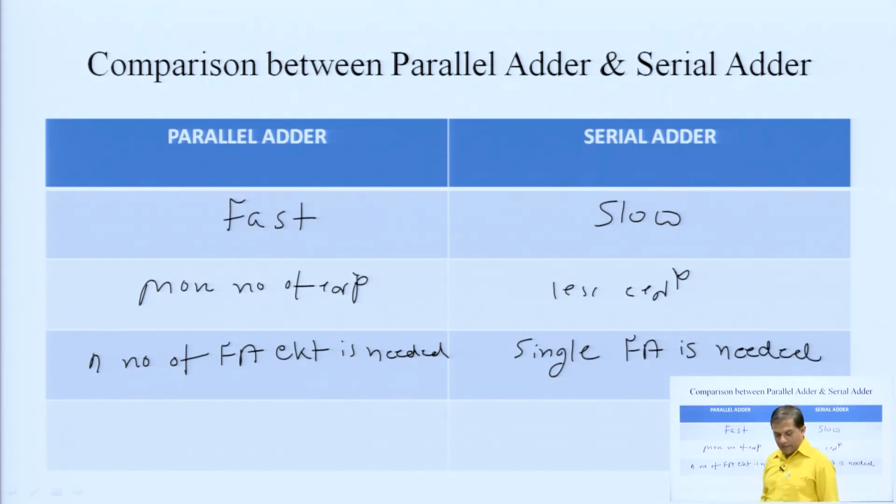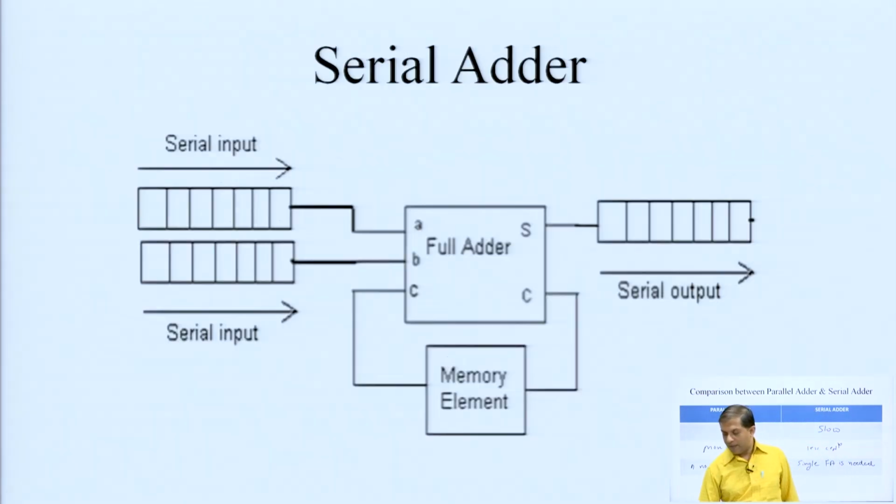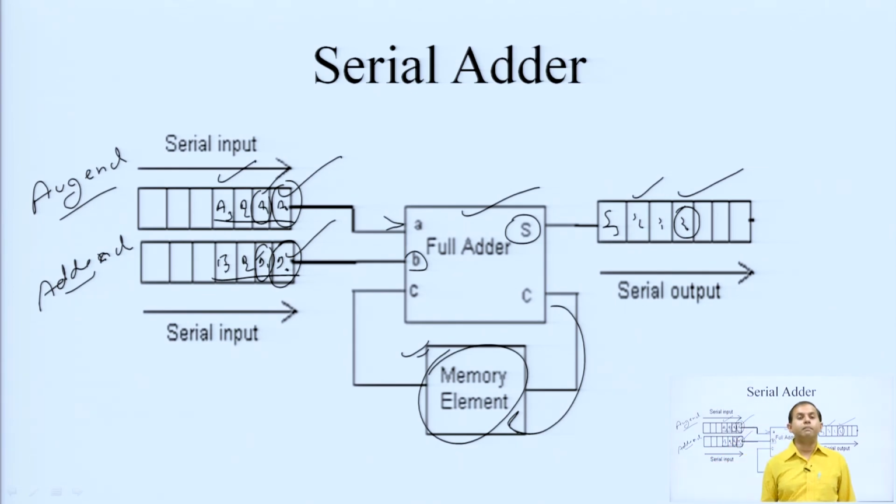Okay. And again I have told you that the parallel adder is a combinational circuit, but in the serial adder we have the concept of memory. You can check it back: here we are using memory, because whenever A0 and B0 are added, S0 is stored in the serial output, but C0 is stored in memory and will be added to A1 and B1, right.